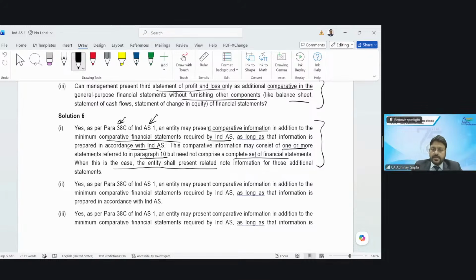The second ask was, if we are going to present and if it is allowed, do we need to comply with Ind AS? The answer is yes. Right? So the answer is yes.